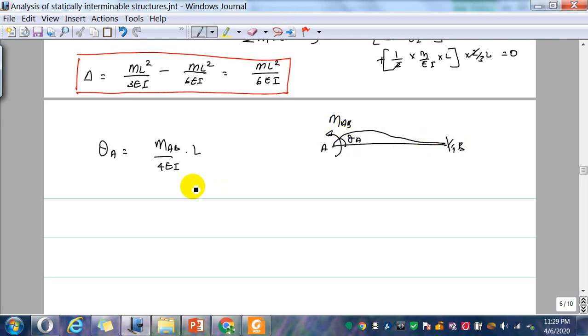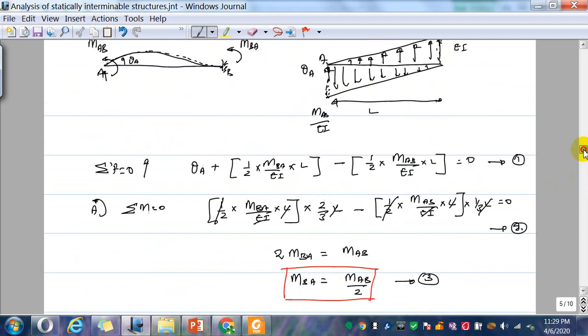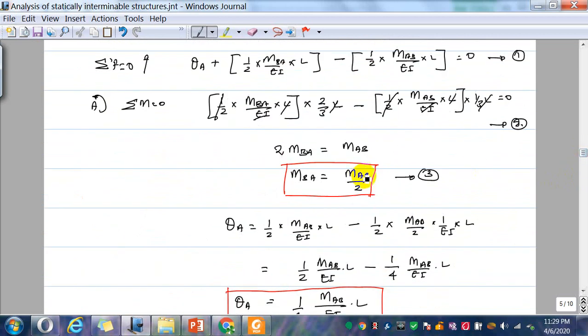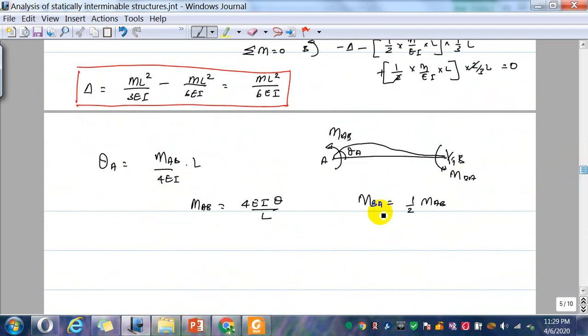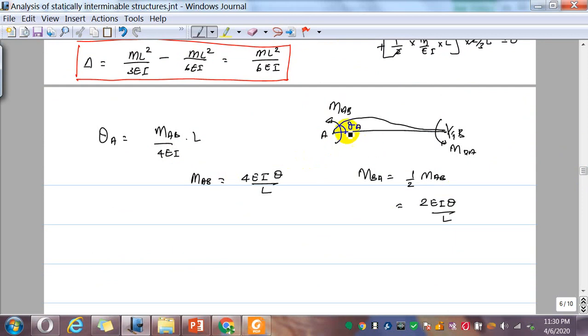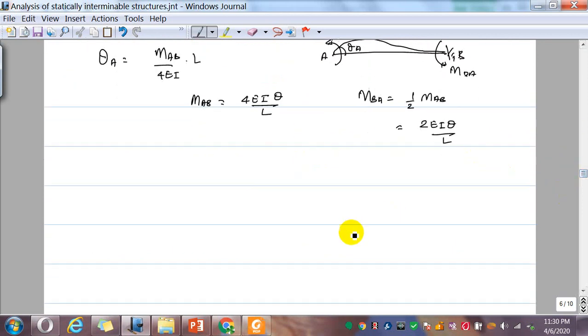If I rearrange this, I get MAB is equal to 4EI theta over L. And in this case MBA is equal to half MAB, so this becomes 2EI theta over L. So this is when you have a rotation at A and B is fixed.